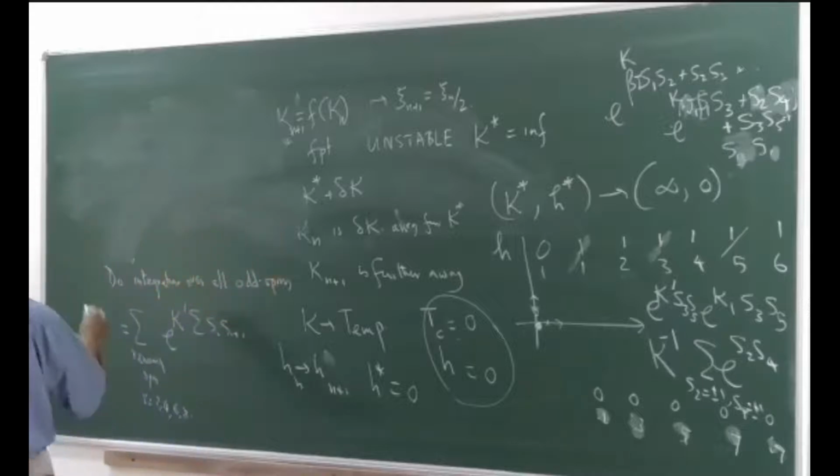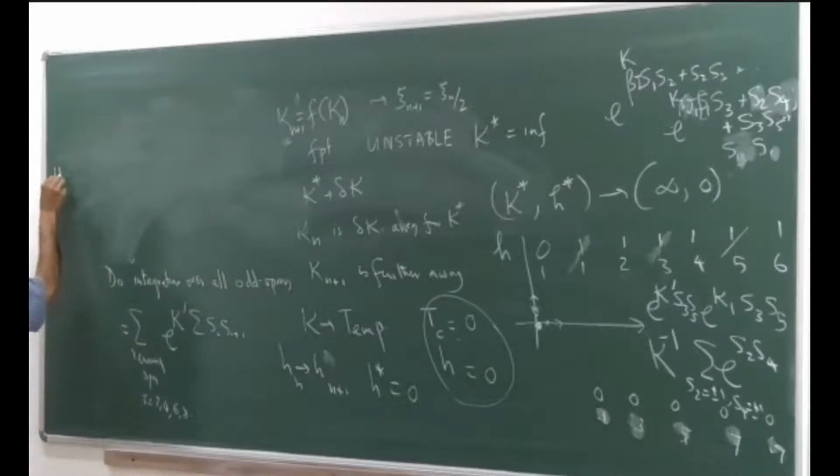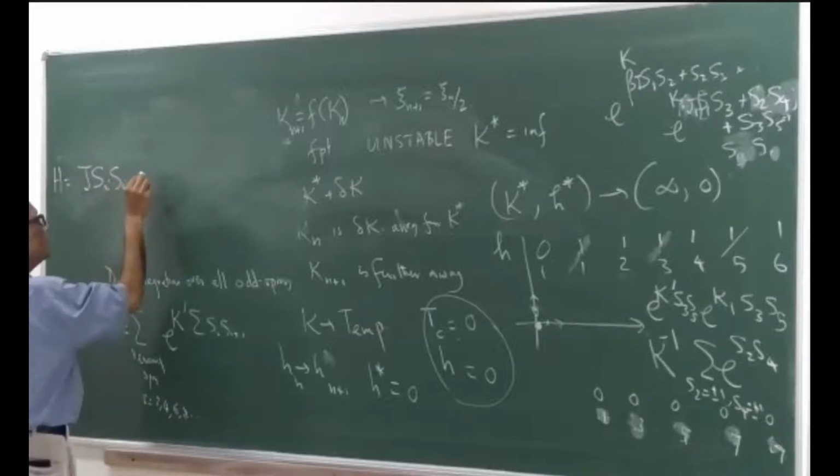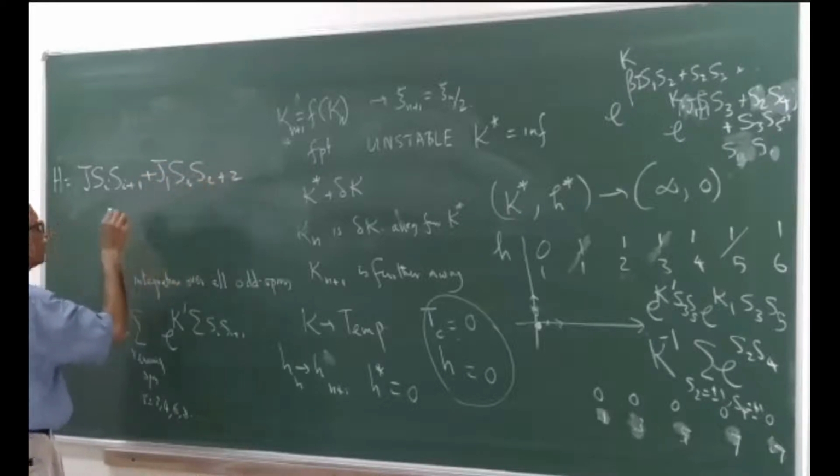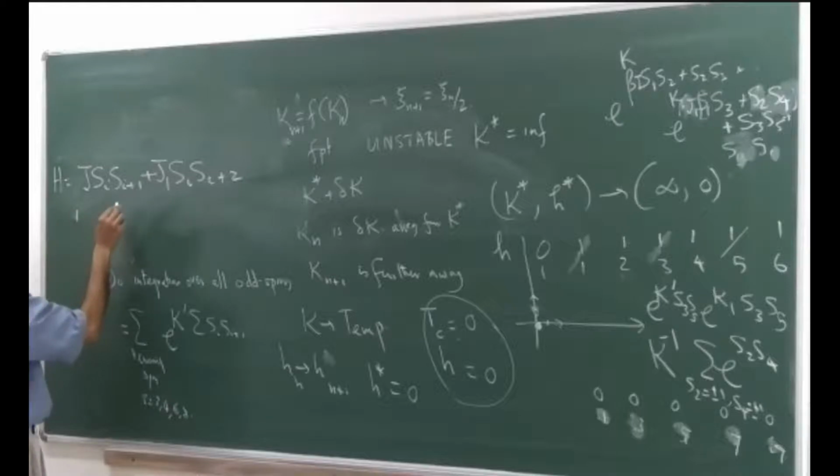You give me a starting Hamiltonian which says it is J Si Si plus 1, then J1 Si Si plus 2, and similar ones over here.